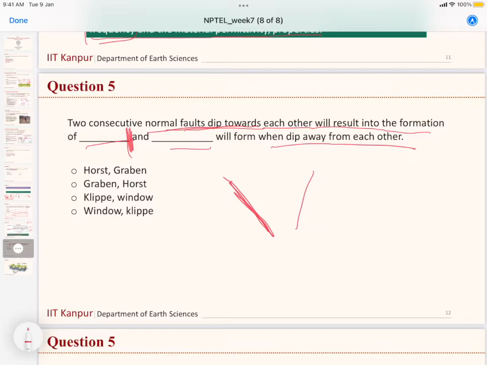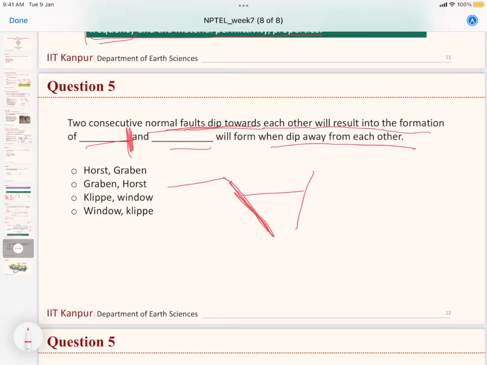Go down. Always remember, in a normal fault gravity acts, so the hanging wall, which is the upper side of the plane, will go down. So this would be my footwall, this would be my hanging wall.